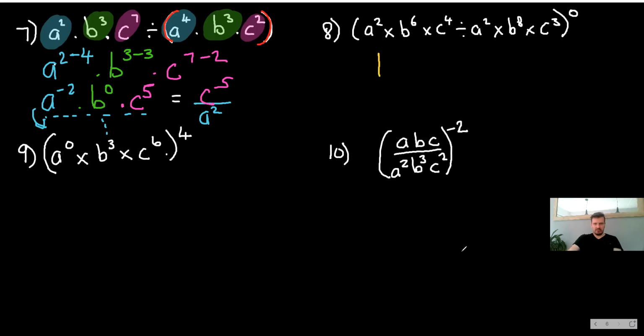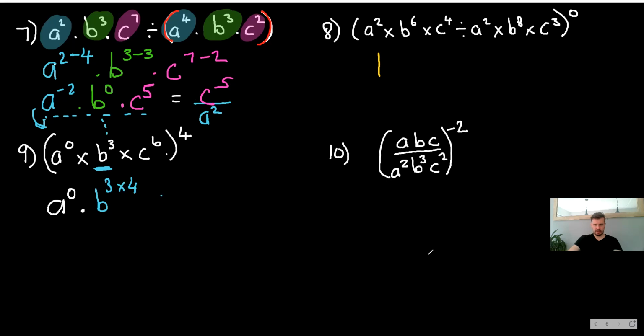A to the 0. Okay, so now let's look at this. We've got an exponent on the outside, so everything gets the 4. So A to the 0 times 4 is just A to the 0. Let's do the B. Let's do this in blue. B to the 3 times 4.